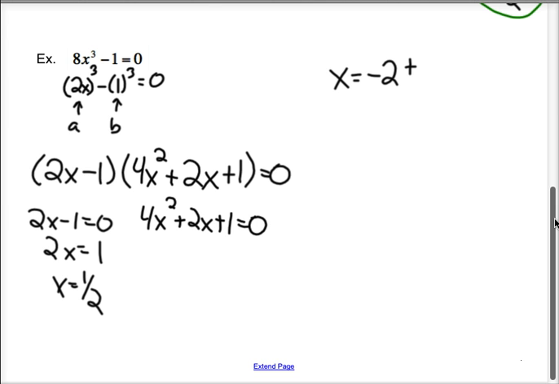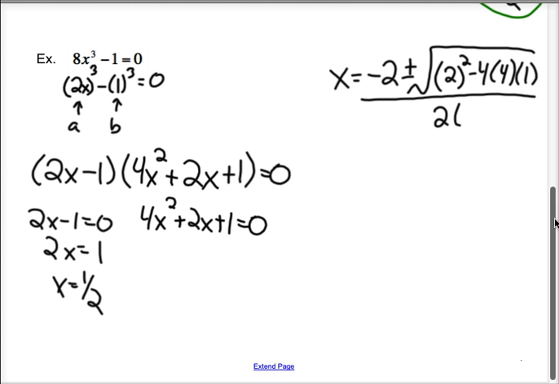Negative b plus or minus the square root of b squared minus 4 times a times c, all over 2 times a. And remember, the first piece that we're going to simplify is what's under the square root. So 2 squared minus 4 times 4 times 1, that is going to leave us with a negative 12.